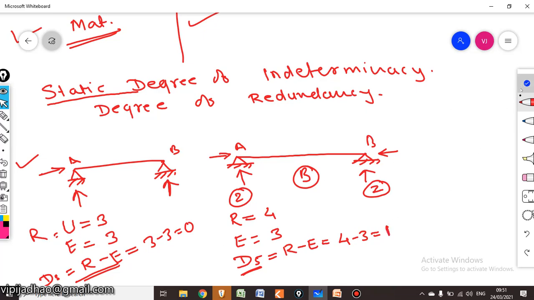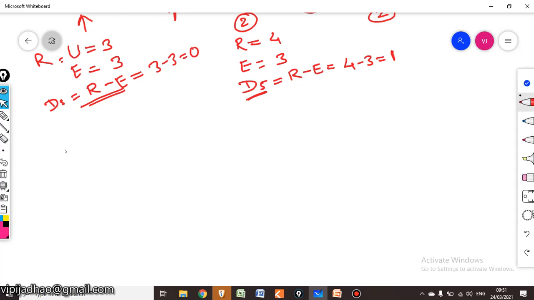Okay, now let us consider another example of a fixed beam like this. Let us consider A and B. Here at A we will have three unknowns: one vertical reaction, one horizontal reaction, and one fixed end moment.